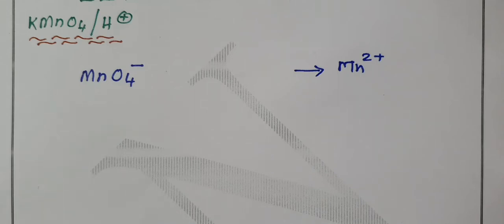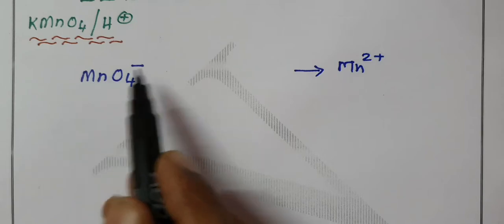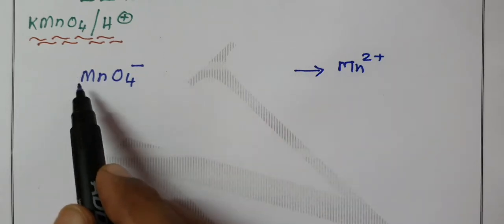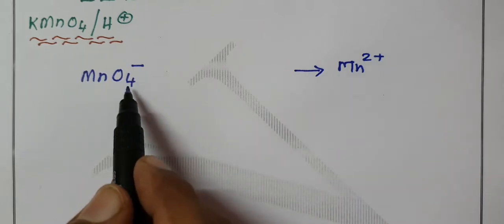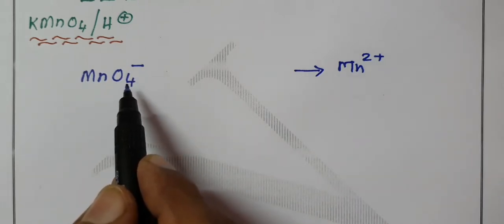How to balance this reaction? In acidic medium, first the metal should be balanced. One manganese. And second, we have to balance the oxygen atoms.